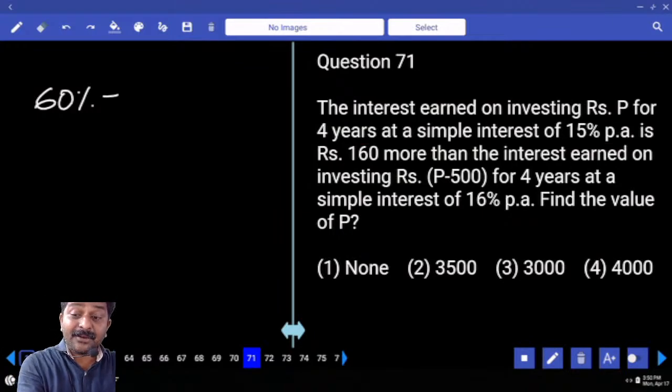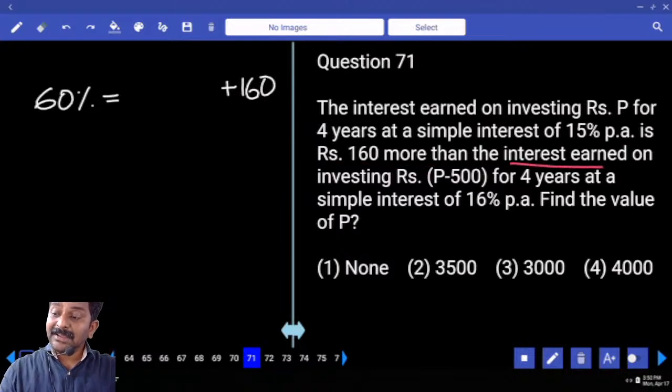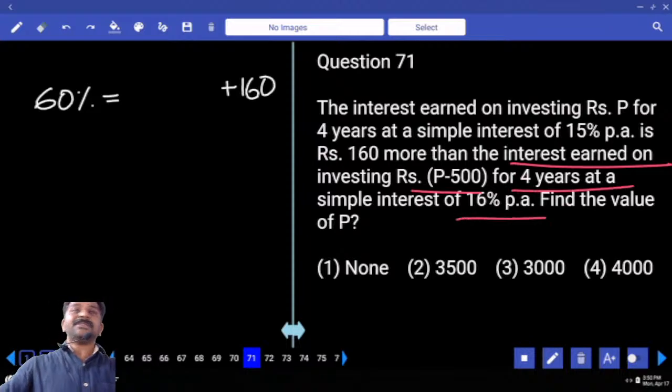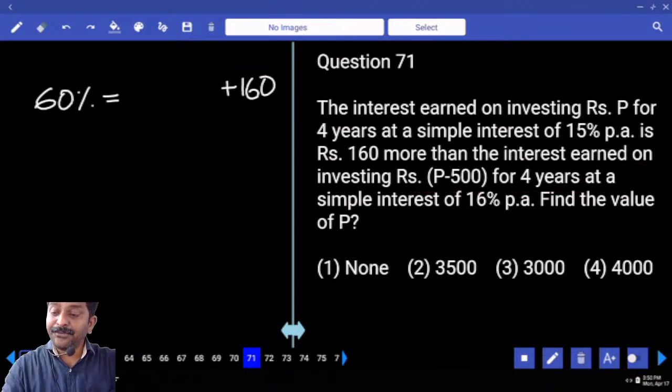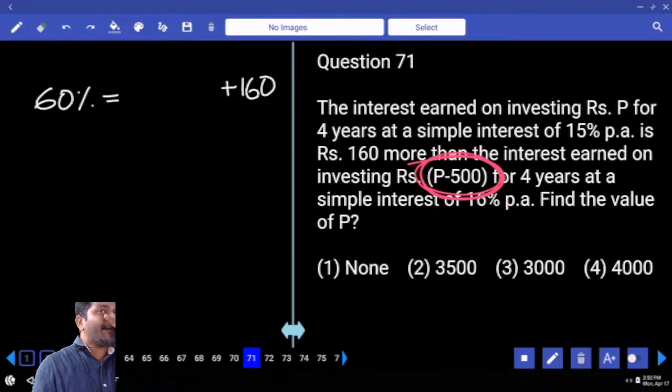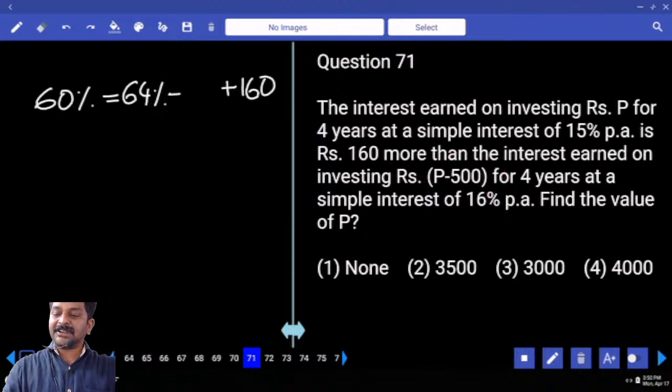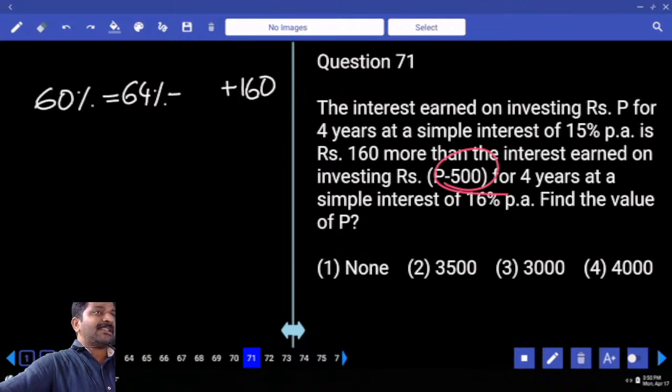Next. And this interest is 160 more than, so let me write 160 first. 160 more than what? Interest earned on P minus 500 for 4 years at 16% per annum. At the rate of 16% per annum, simple interest for 4 years, 64% should be calculated on this number only. 64% of P, that is 64 only, minus 64% of 500 or 500% of 64. 500% in the sense 5 times only. 5 times of 64, 320.